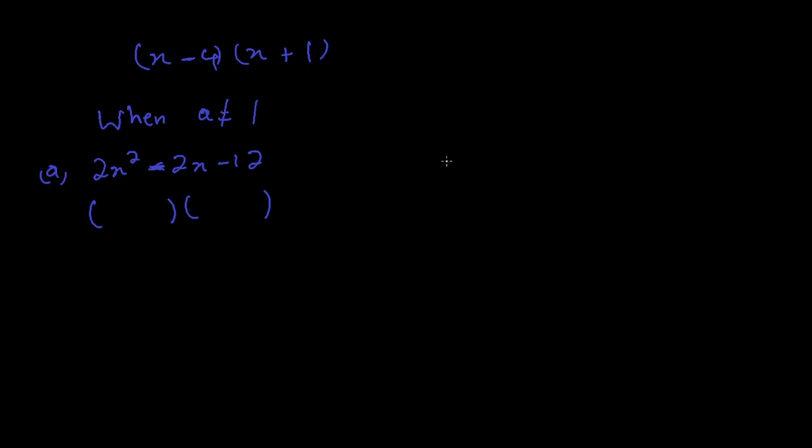So now since my a is not equal to 1, I'm going to open up a little box here. Not necessarily a box. You can make a sort of column where you put your factors of 2x squared, then your factors of 12.